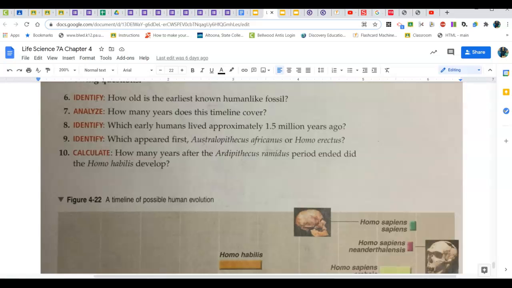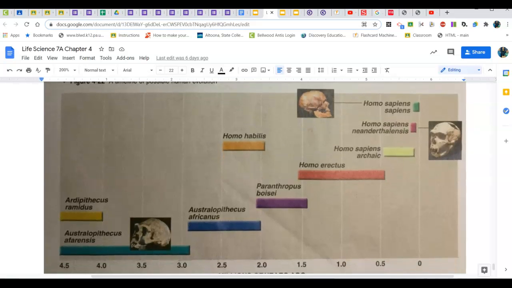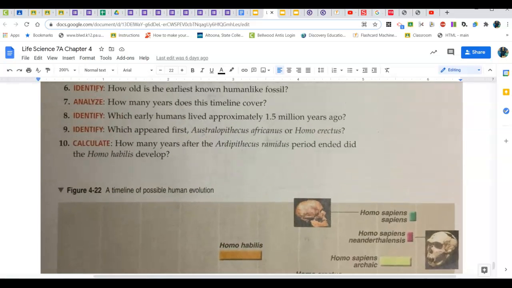Which appeared first, Australopithecus afarensis or Homo erectus? Australopithecus afarensis came about 2.9 million years ago. Homo erectus was about 1.5 million years ago, so therefore Australopithecus afarensis was way longer ago.